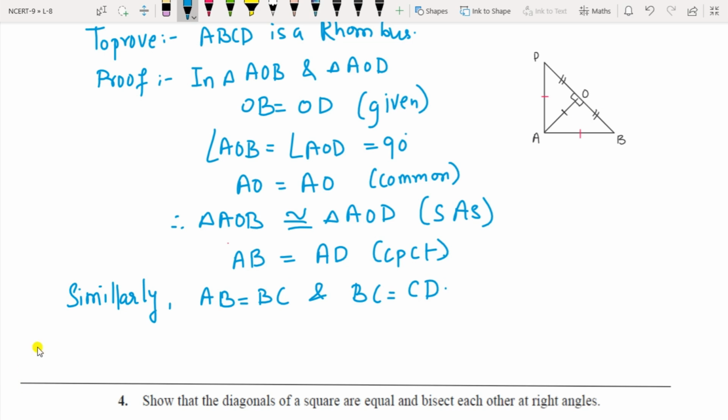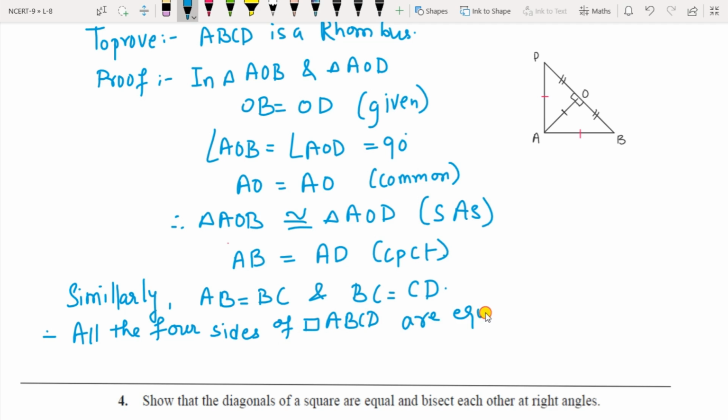Therefore, all the four sides of quadrilateral ABCD are equal, and therefore ABCD is a rhombus.